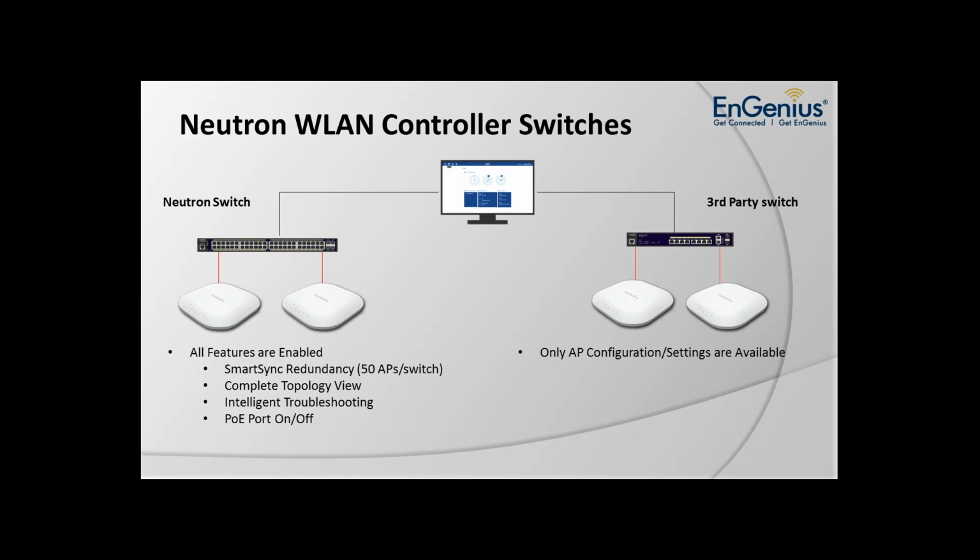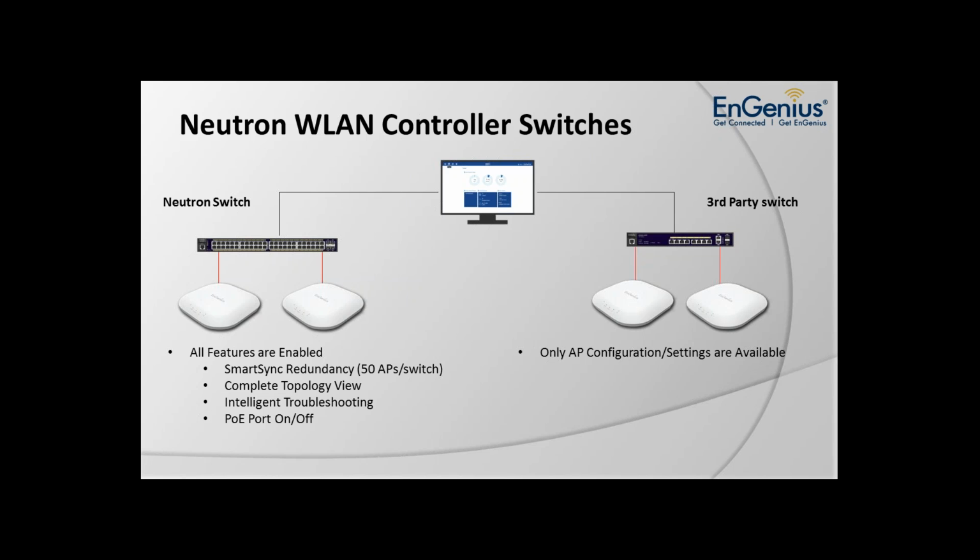This includes smart sync redundancy. You can see the whole topology, because the switch will recognize the access points, and the ezMaster can talk with the switch about which ports are used and what is the power of each port, and you can turn the port on or off. And the intelligent troubleshooting is also a switch function.